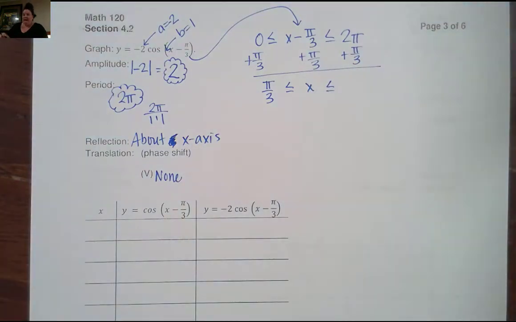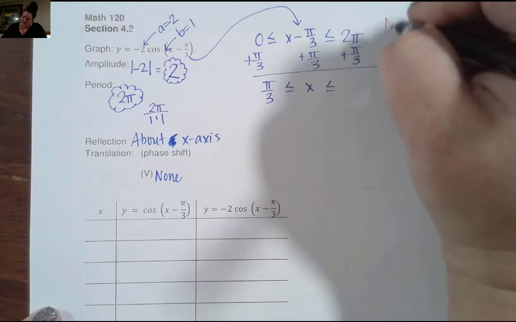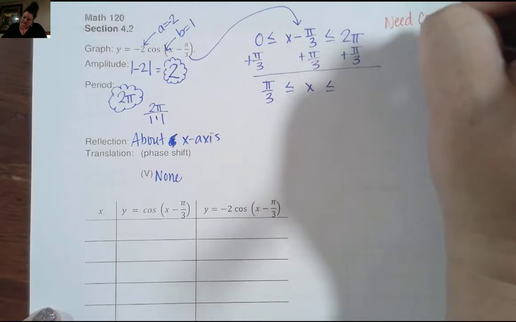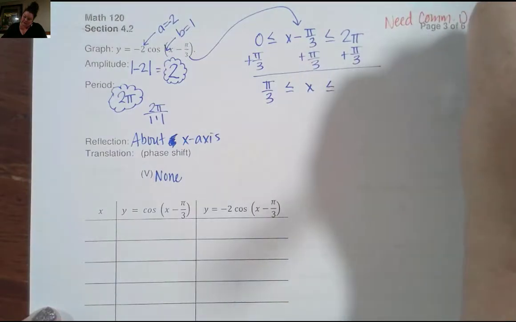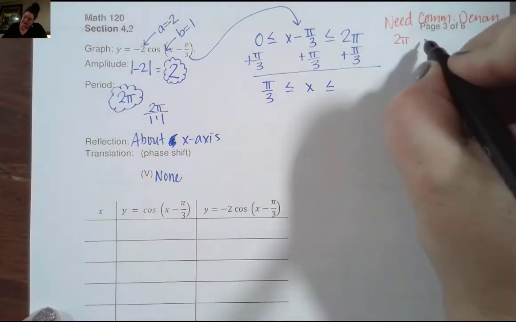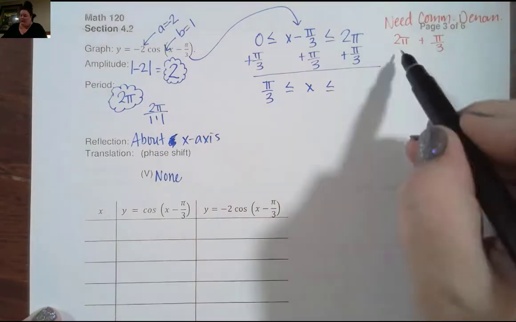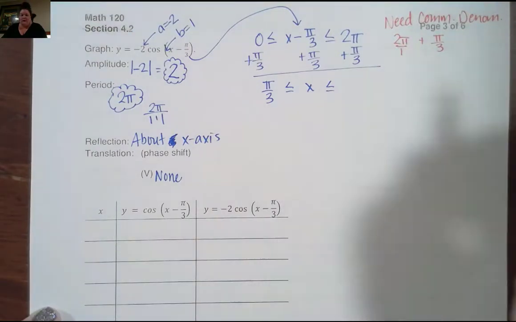equal to, and again here, if you need to, go off to the side because we are going to need a common denominator in order to add these. So this is 2 pi, and we're adding pi over 3 to it. 2 pi we can write as 2 pi over 1.